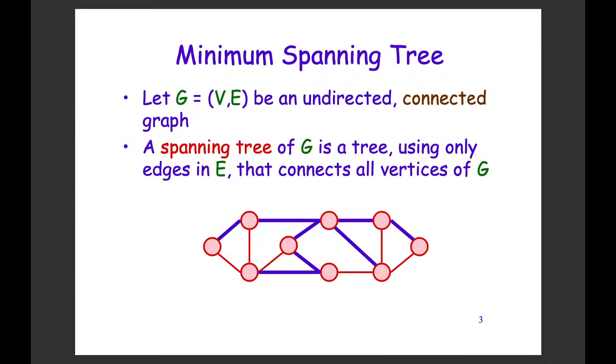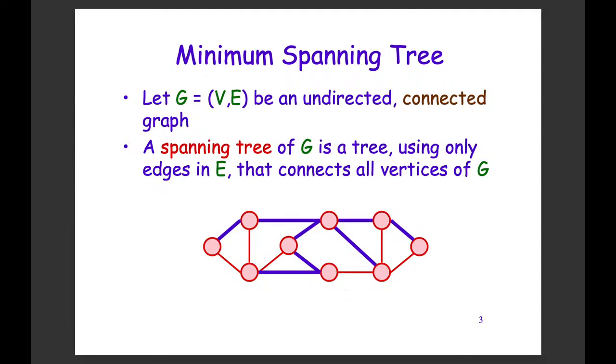Now notice that we just need a tree to connect all the vertices together. So what is a tree? A tree is a connected graph without any cycle. This is the definition. If there is a cycle inside the graph, let's say we have an additional edge here, the graph is still connected, but because there is a cycle, some of the edges can still be removed so that the graph is still connected.